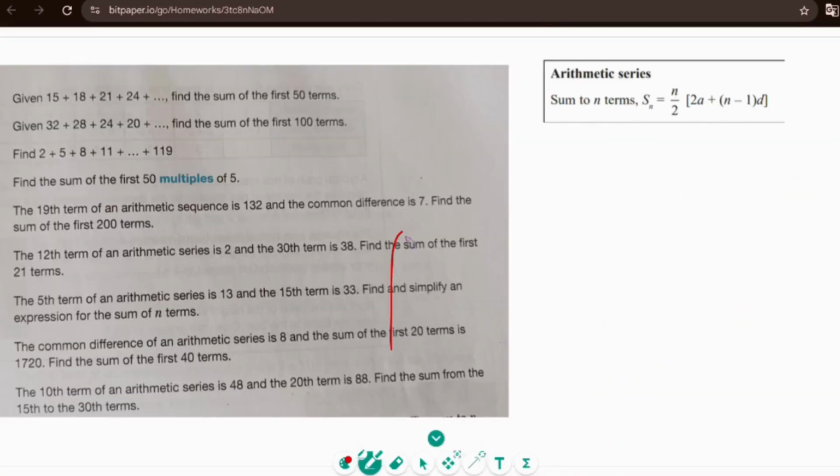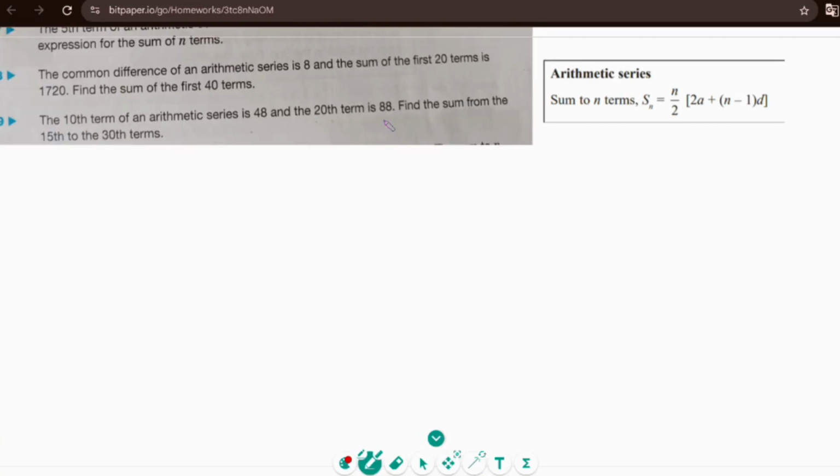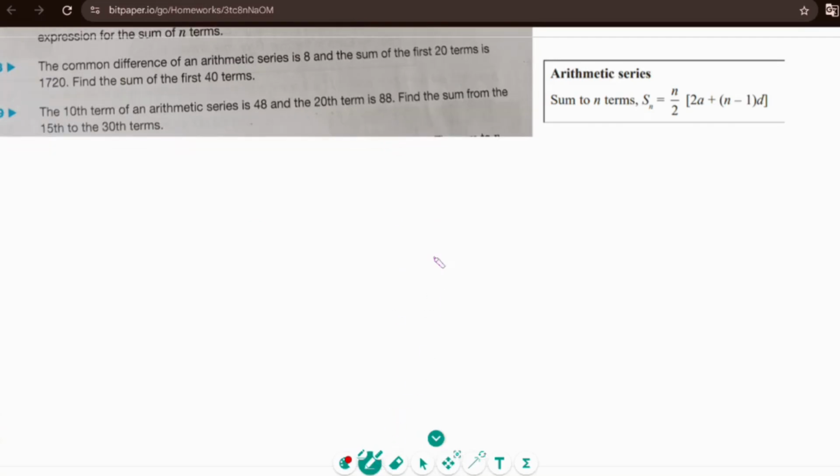Question 8. Common difference of an arithmetic sequence is 8. The sum of the first 20 terms is 1,720. Find the sum of the first 40 terms. So I know n is 20.